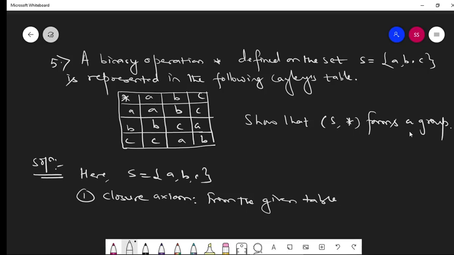Let's see from the table. A asterisk, what is B asterisk C? You can see in the table that B asterisk C is A. And here, what is A asterisk B? A asterisk B is B. What is A asterisk A? A asterisk A is A. So B asterisk C is also A. It is verified.